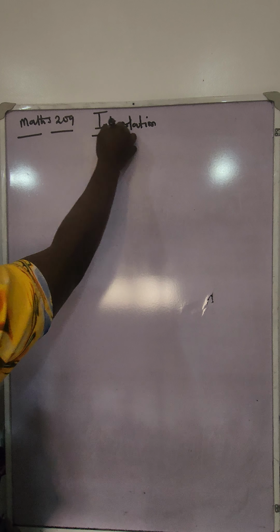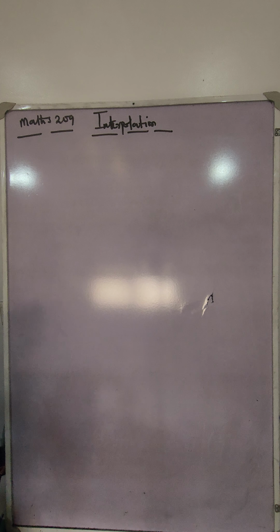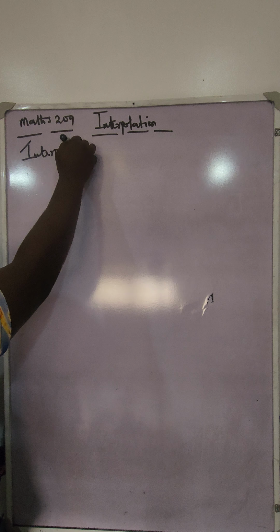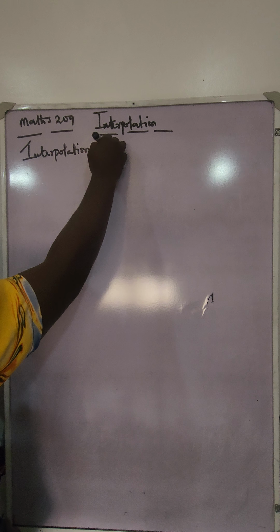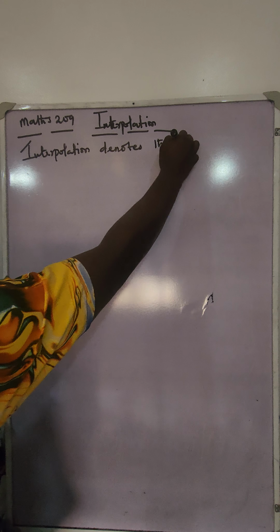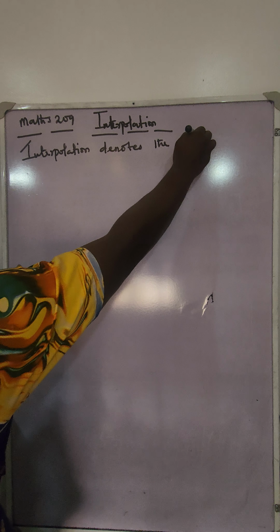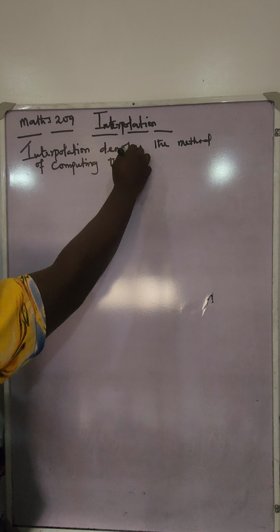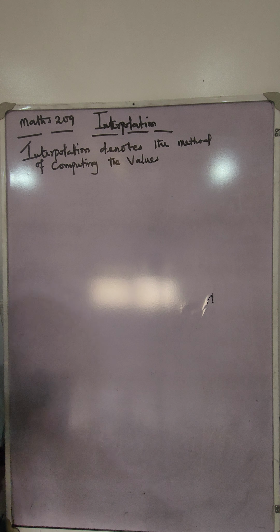We want to look at what we call interpolation. And so we found out that what interpolation really means is, as the word implies, it denotes the method of computing the values of a function.